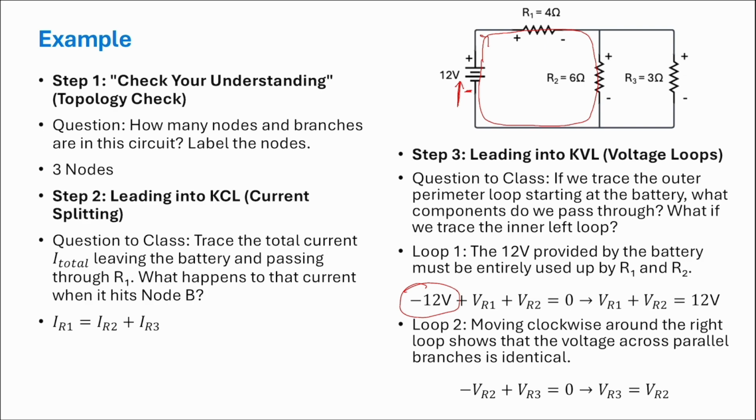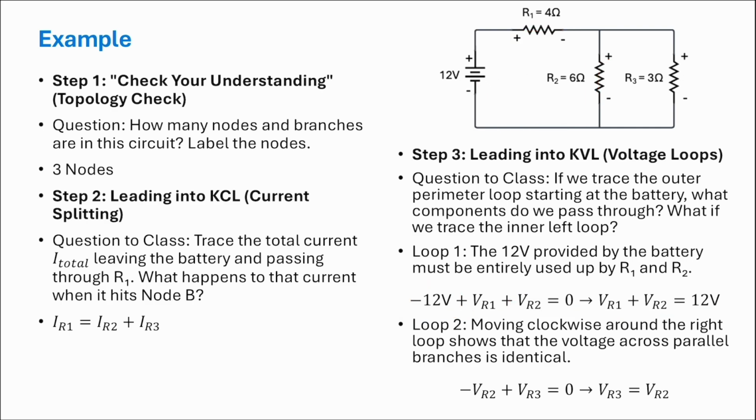The voltage across R1, we just call it VR1. This is positive because it enters from the positive side. Plus VR2, it enters from the positive side of R2. We call this loop 1. This is how we set up the Kirchhoff law. And by rearrangement, the voltage across R1 plus the voltage across R2 equals 12 volt.